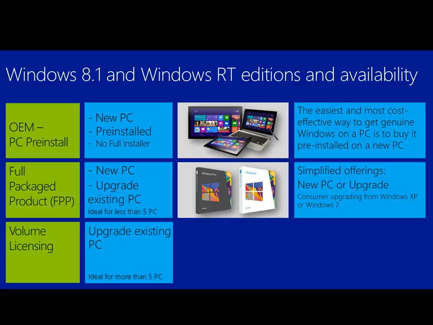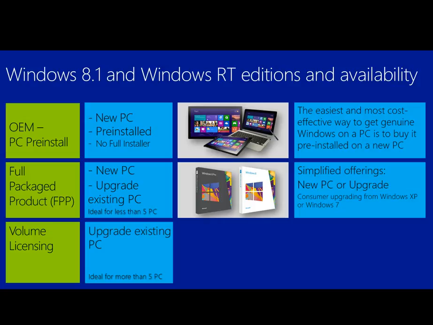So let's differentiate first OEM and FPP for new PC. I hope it makes sense. When do you buy OEM for new PC versus FPP for new PC? Now OEM, it's easy, right? You don't have to install anything. You don't have to input the product key because the product key is embedded in the BIOS. Now if you want to install the operating system separately, then you will need to buy FPP.